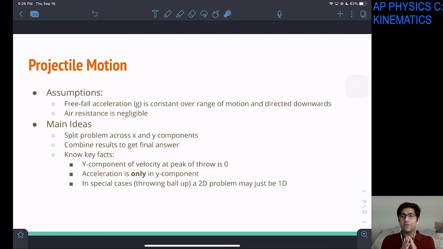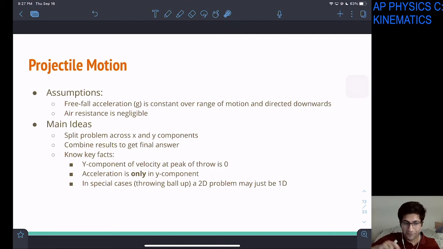What does this mean? This means if I launch a ball up in the air and it comes back down, what is the velocity at the peak? Well, when we throw it up, we can give it a vector that's pointing upwards. It goes up and up and up, and then when it starts to go down, now the vector is going to start pointing downwards, right?